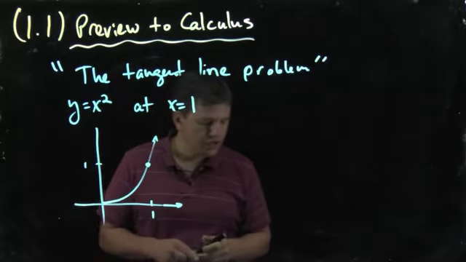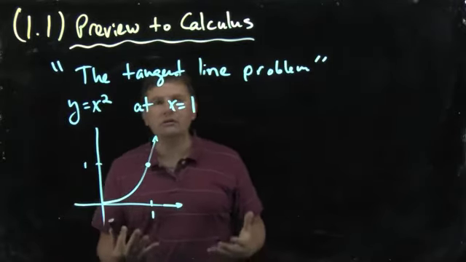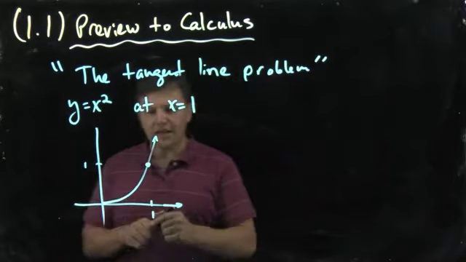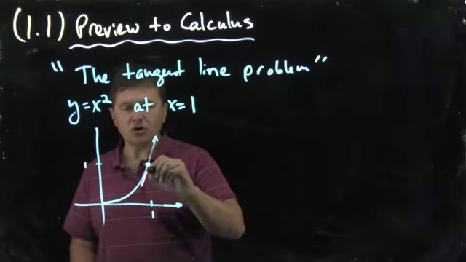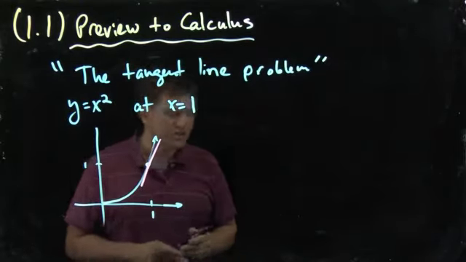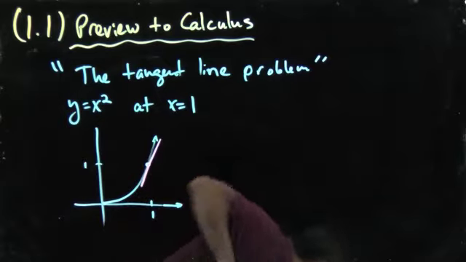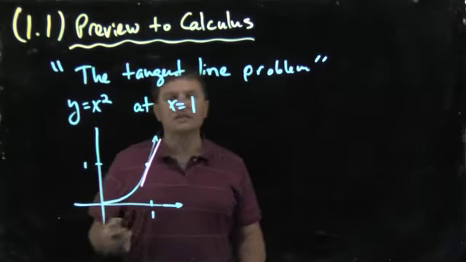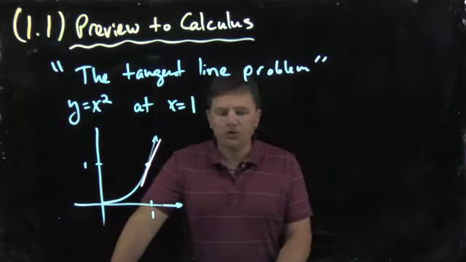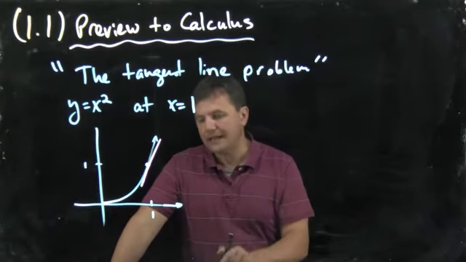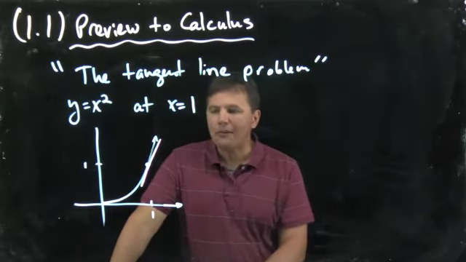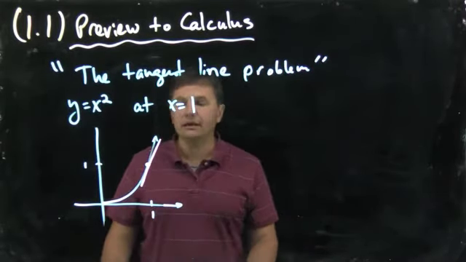Let's say we're interested in the slope there. Now we clearly know that there's a slope there, we can see it, and we could even draw it. This is what's called the tangent line. And what we're interested in is the slope of that tangent line. So we know this line exists, we know that the slope exists, but the question is, how are we going to find that?